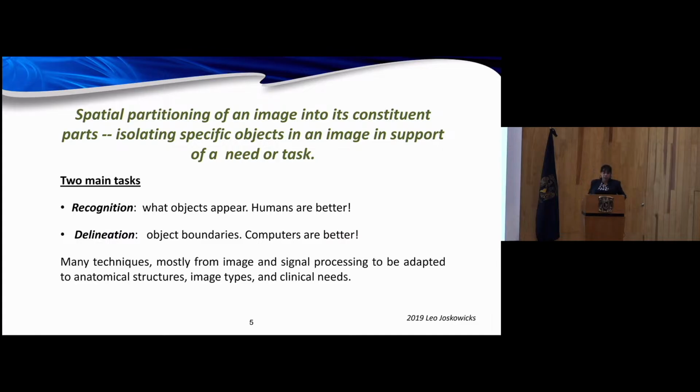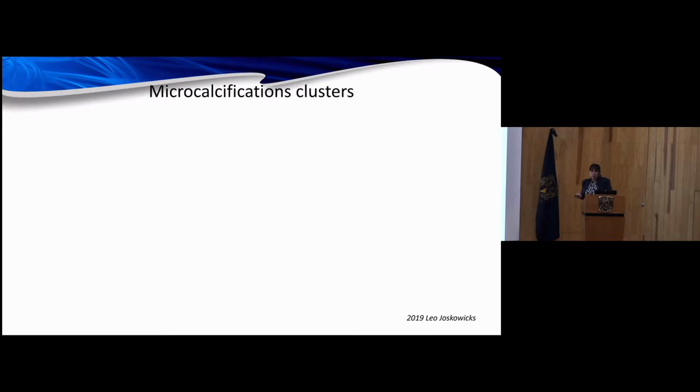There are many techniques usually used from image processing and signal processing adapted to these algorithms, and of course there are many clinical needs for this, which has given us a lot of space for those who are studying segmentation techniques.